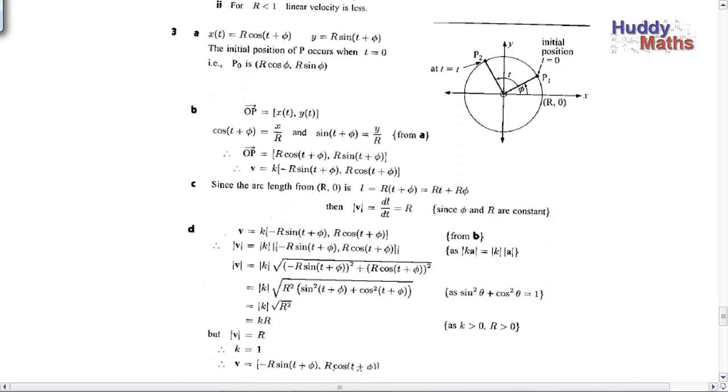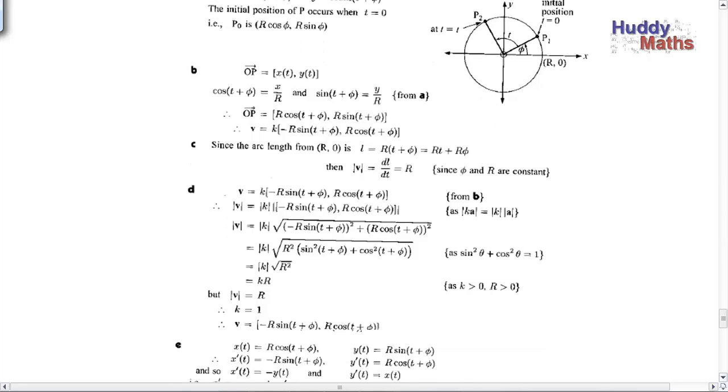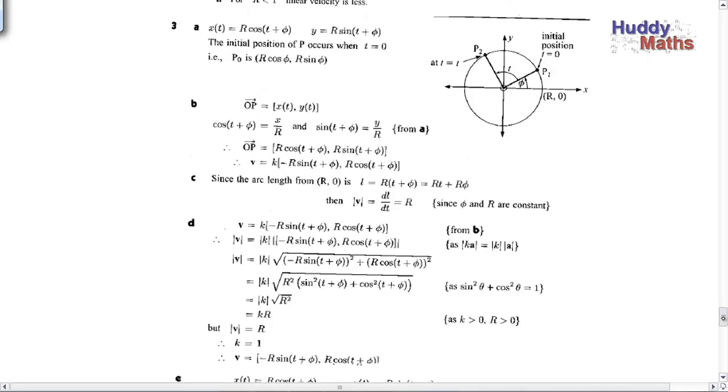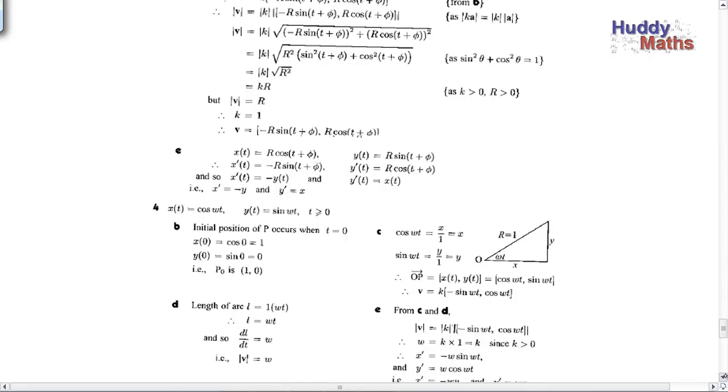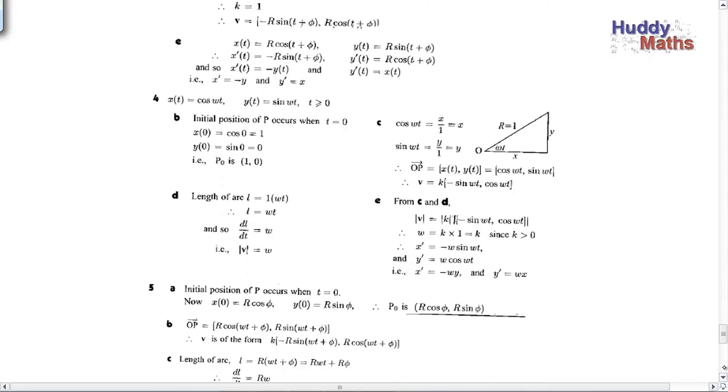Let's see if we can get it all on here. Nope, can't find it all on. So just go back a little bit there. So we've got 3A, B, C and D. And E and 4.